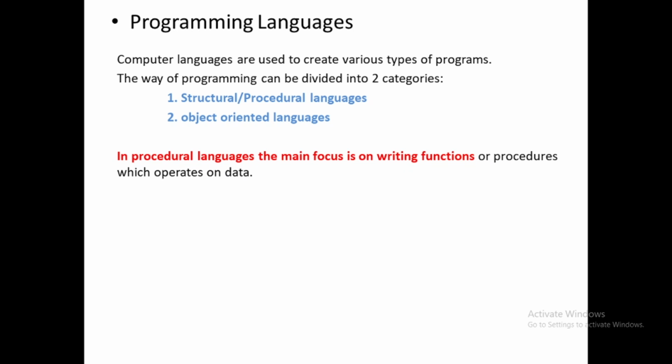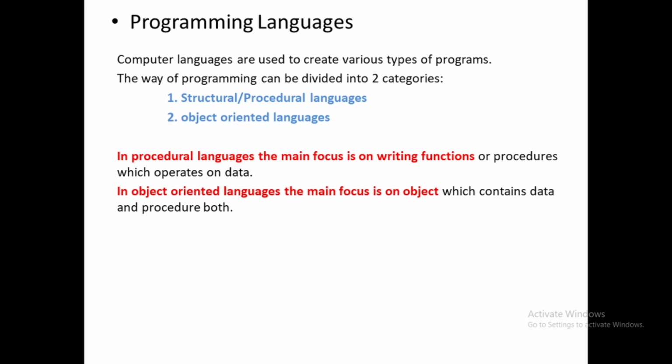Remember, in procedural languages, the main focus is on writing functions or procedures which operate on data. As we have mentioned previously, two things are important: data and functions. So in procedural languages, the function, it means whatever code we are writing, that is important and not data.